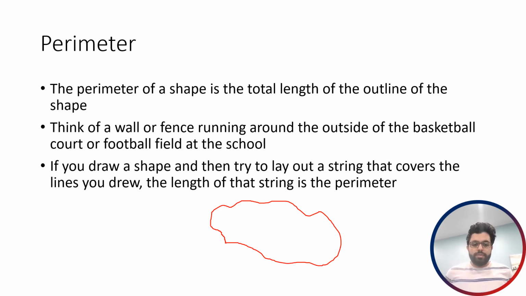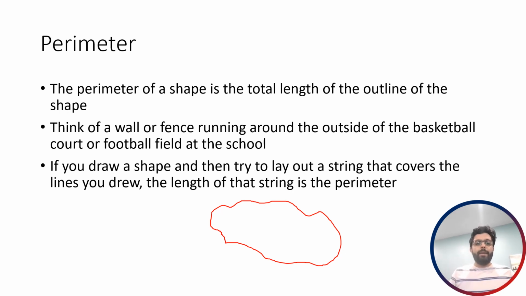So if you've got this squiggle that I've drawn in red on the screen, and you were to cut a little bit of string from a ball of yarn that you could perfectly lay out over top of the red loop, and then you straighten out that string and measure how much string you needed to perfectly cover that outline, that length is the perimeter of the shape.